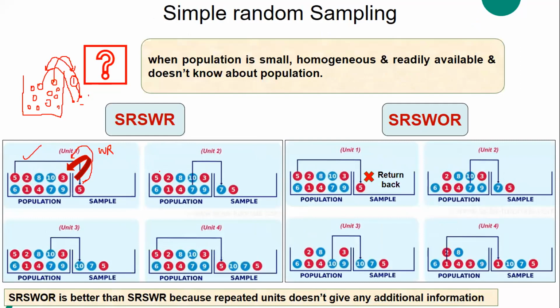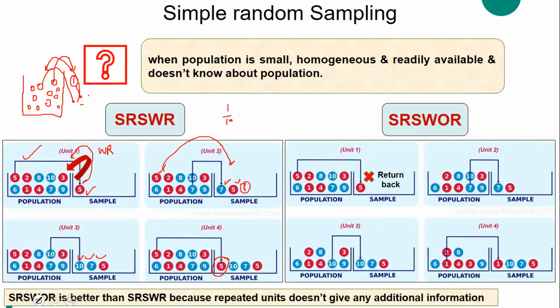This selected unit 5 can repeat in another draw. See here in this fourth sample, the first sample is selected as 5, second is 7, 5, 10, 7, 5. See here 5 is repeated. That is called simple random sampling with replacement. Every population unit has the same probability of selection. Suppose there are 10 units, so each unit will be selected with 1 by 10 probability.